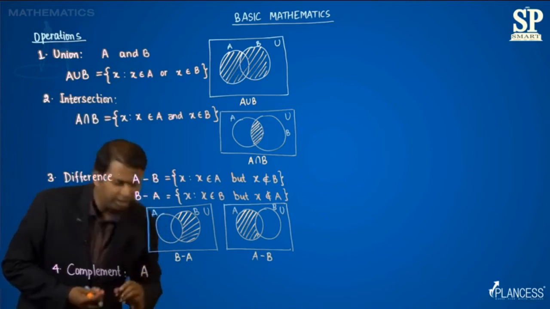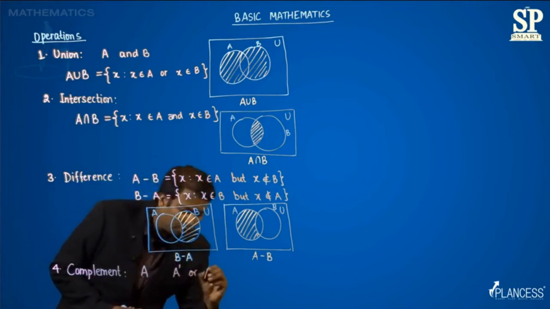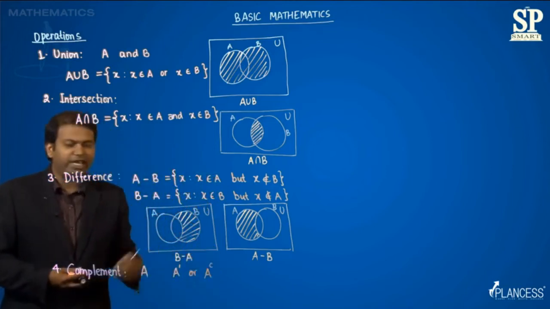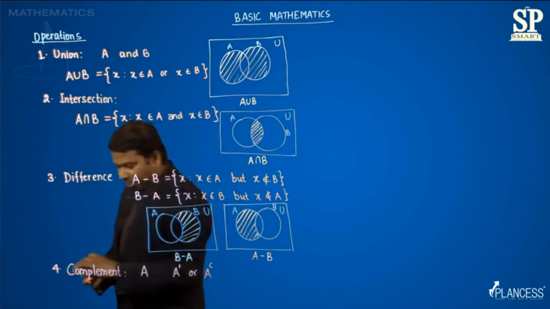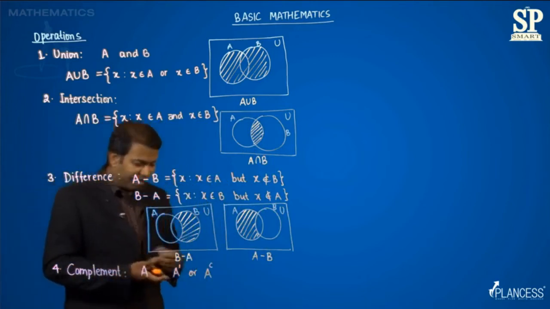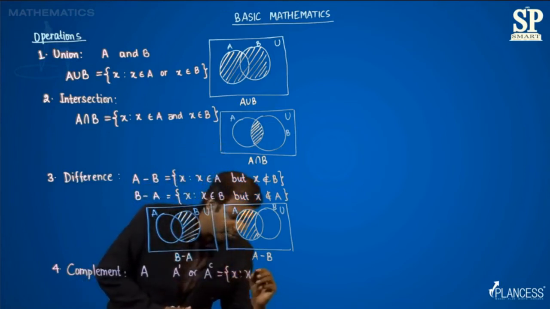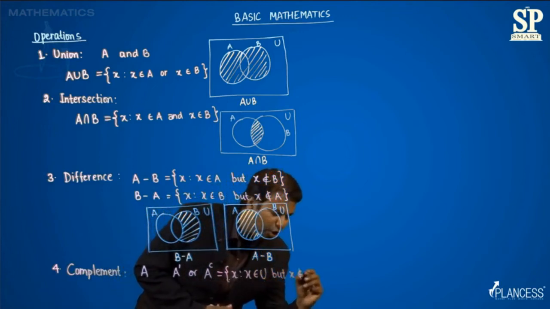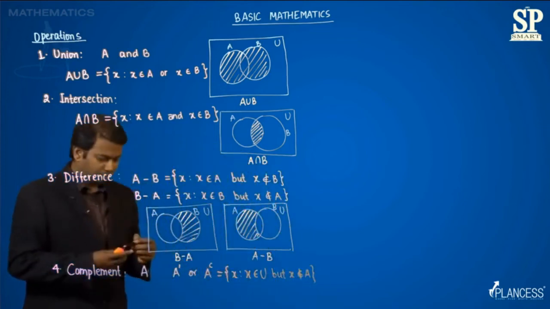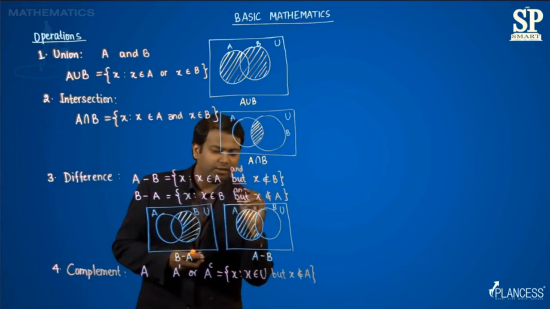So if we have a set A, the complement of set A is either represented as A prime or it is also represented as A, and we write a small c as a superscript on that particular set A. And basically it is defined as X such that X belongs to the universal set, but X does not belong to A. So you can also write 'and' in place of 'but', as both the conditions have to be satisfied.